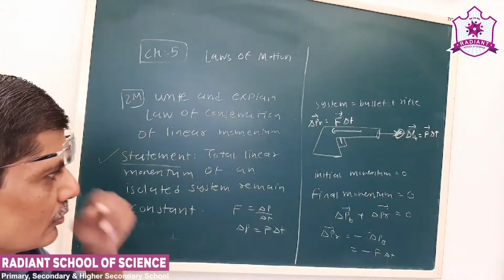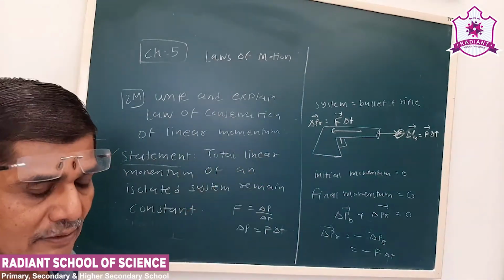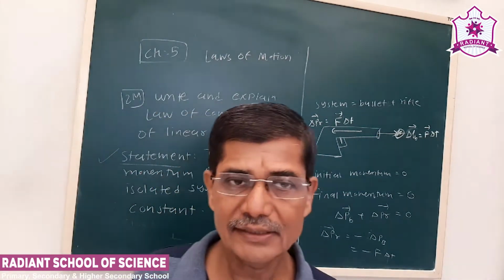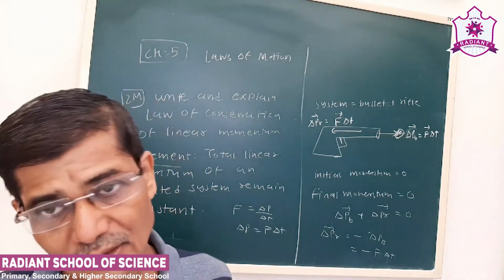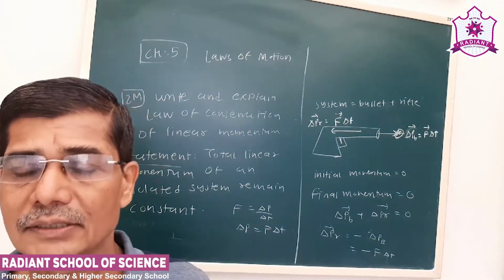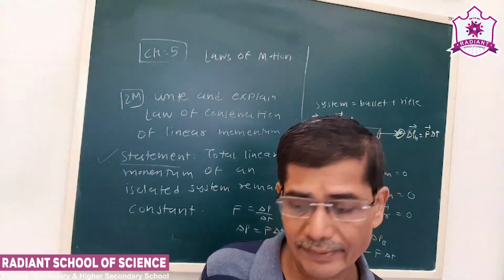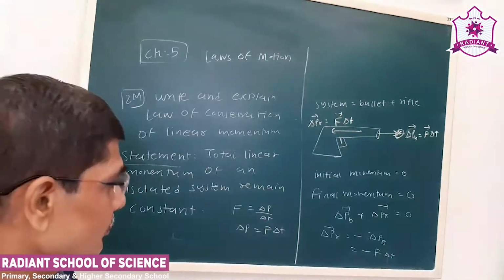So this is about the law of conservation of linear momentum. As I told, the law of conservation of linear momentum is a universal and fundamental law. A number of questions or problems of physics can be solved by using this.